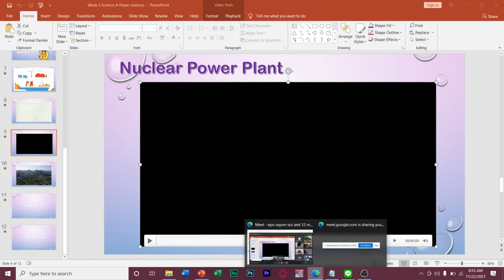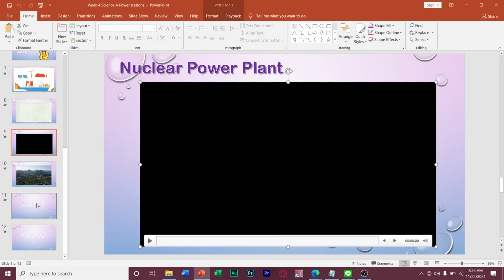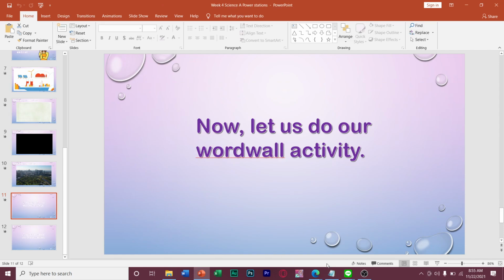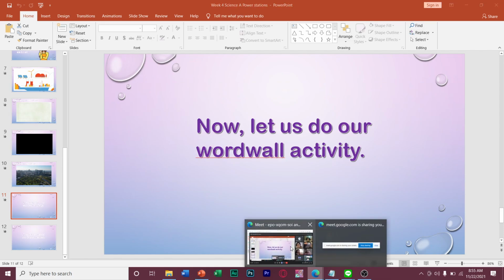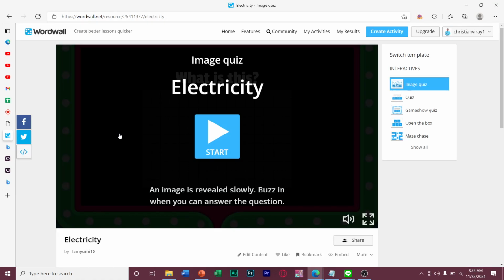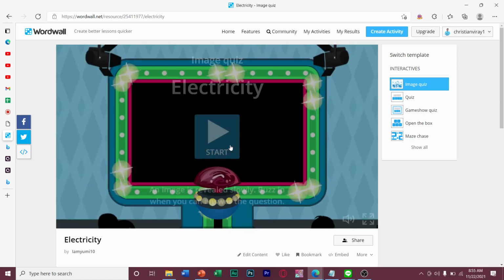This one, let's go to our word wall activity first. Other students who do come to school, please bring your phone, because other students cannot play, okay? This one. Our word wall activity.